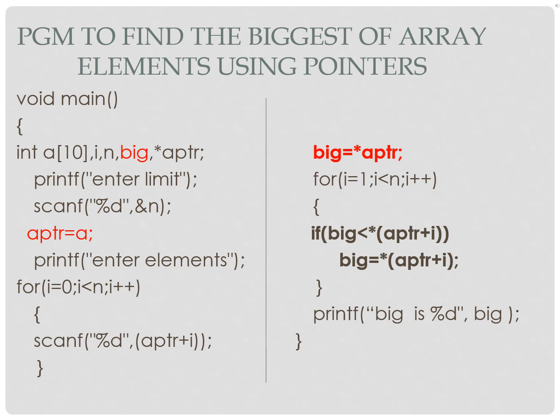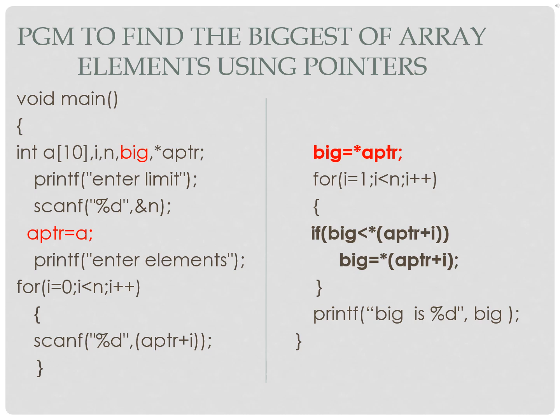If big, which is already assigned, is less than star of APTR plus I, what do you have to do? Assign the current element to big. Big equal to star of APTR plus I.